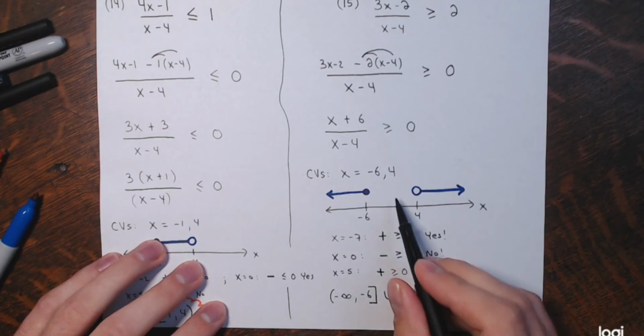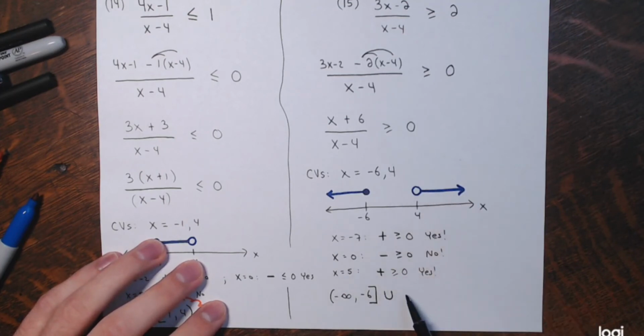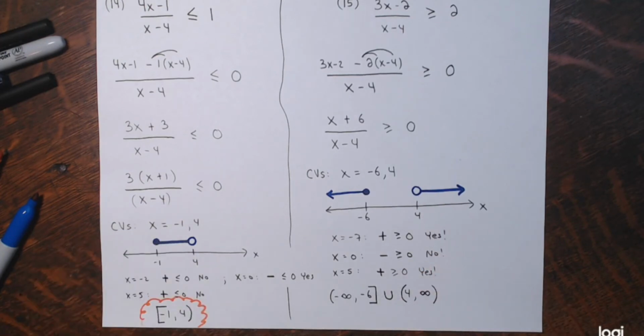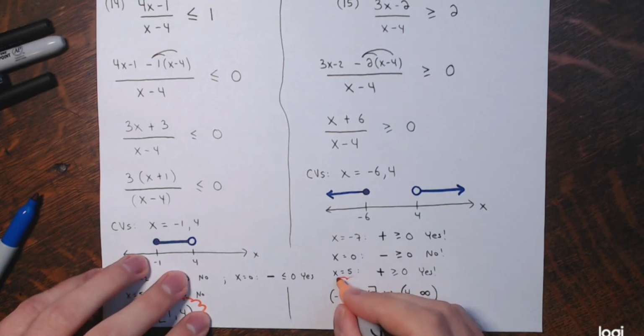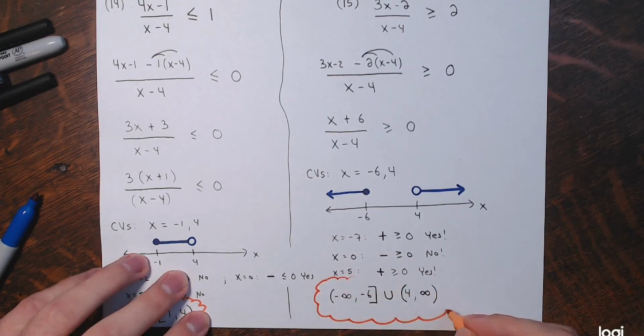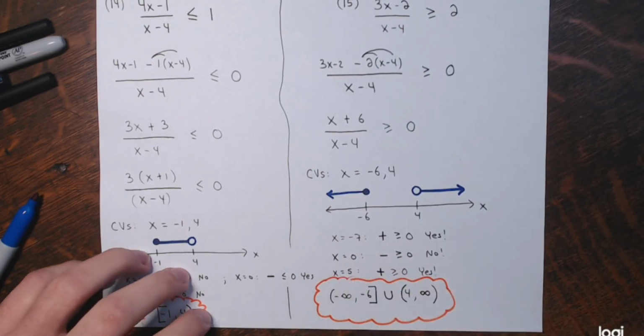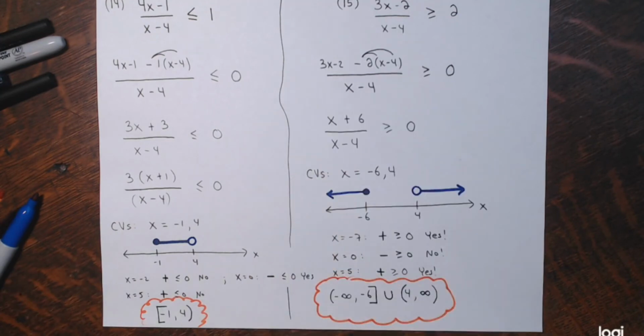And then the next interval is from 4 to positive infinity, parentheses on the 4, because it's not a solution, and always parentheses on infinities, because infinity is not a number. And there's what they want, the interval notation for the solution set for this inequality.